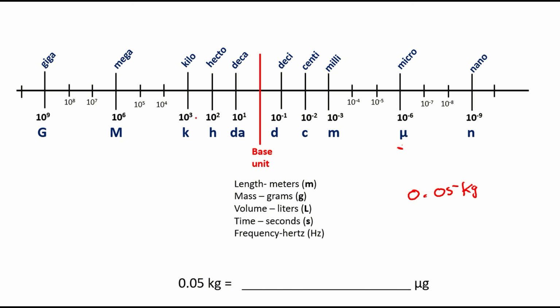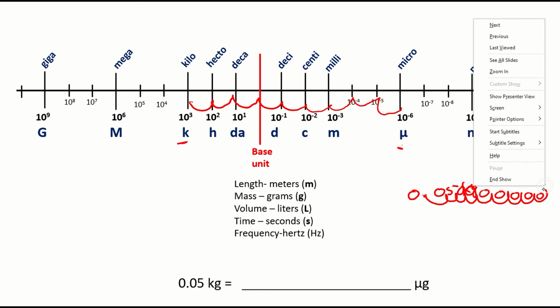Think how many times you're moving it. 1, 2, 3, 4, 5, 6, 7, 8, 9. You're moving it 9 times. So move this 9 times. 1, 2, 3, 4, 5, 6, 7, 8, 9. Put zeros into each loop.